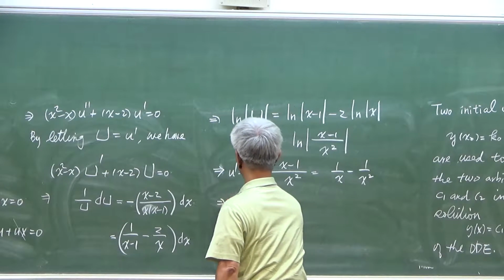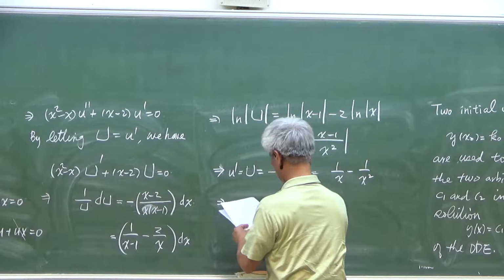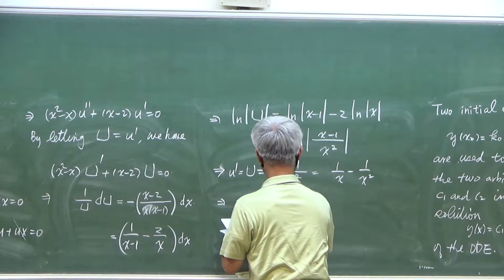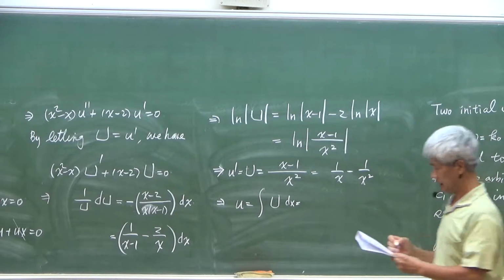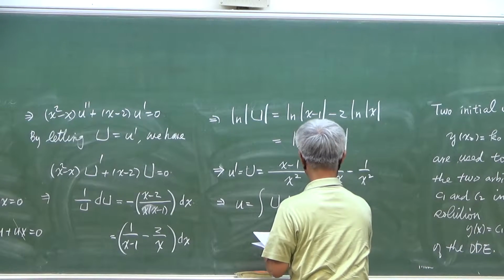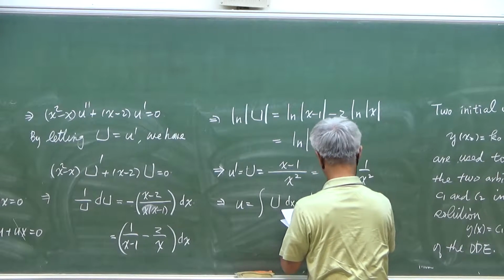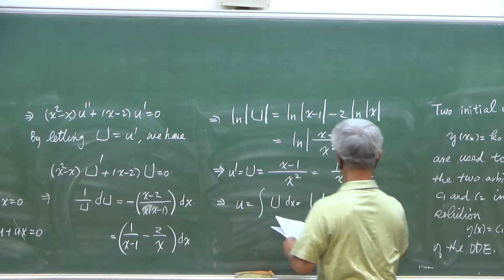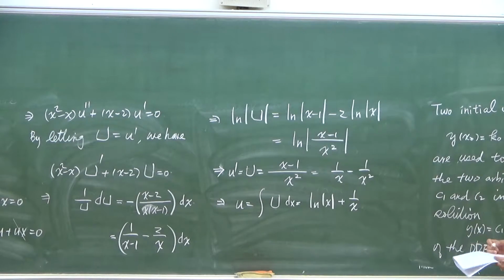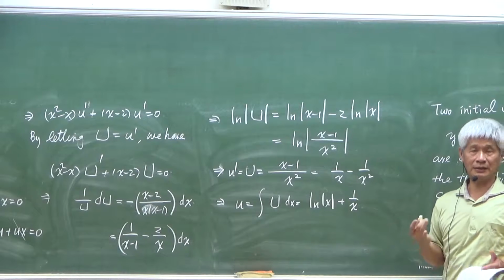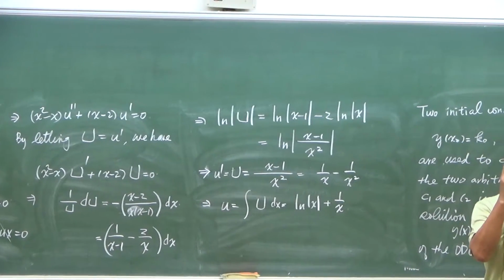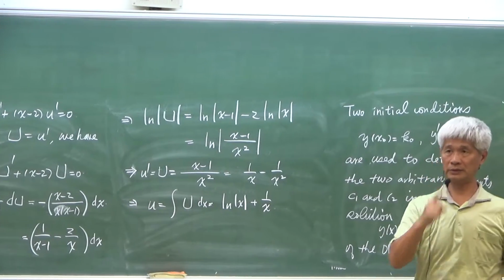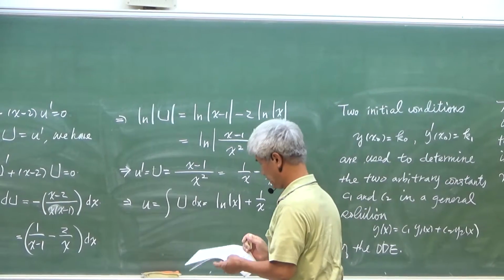So u is the integration of capital U, and this is equal to this one. Of course, you can put a constant again. You just need to find one solution. Okay, one solution is enough.